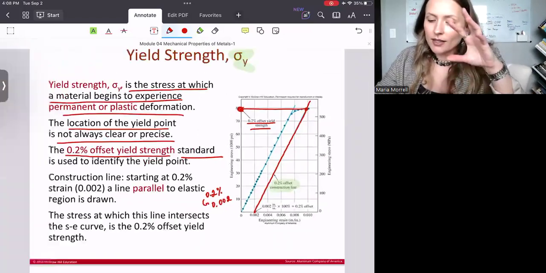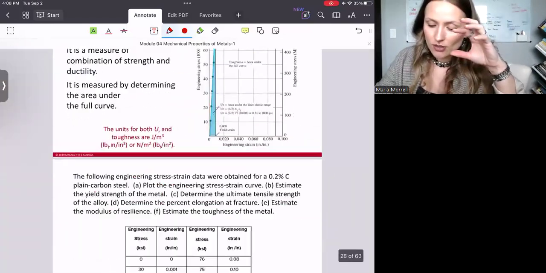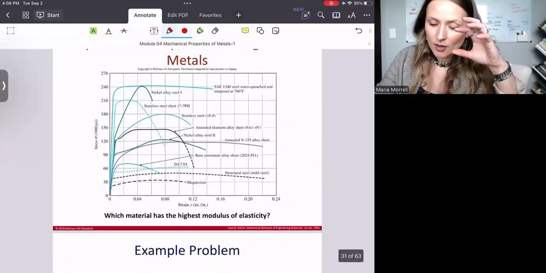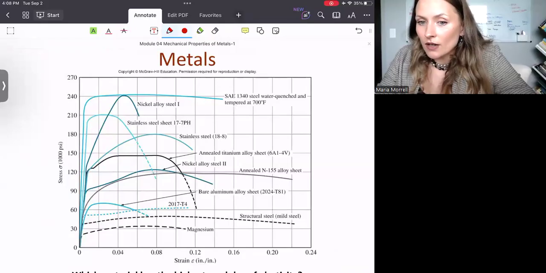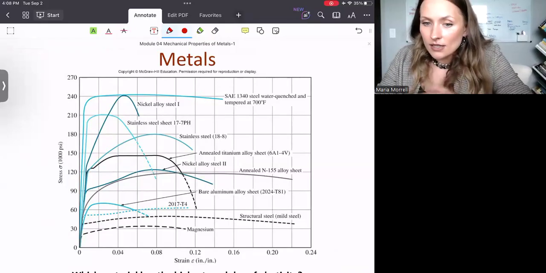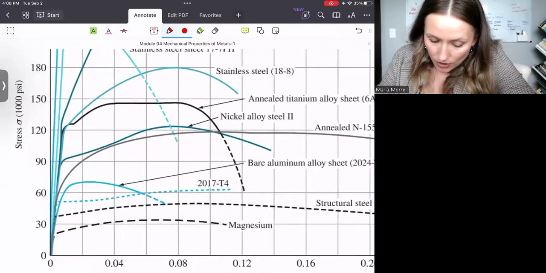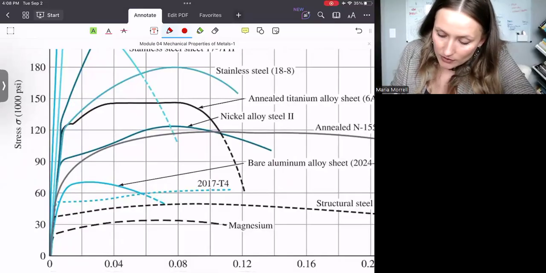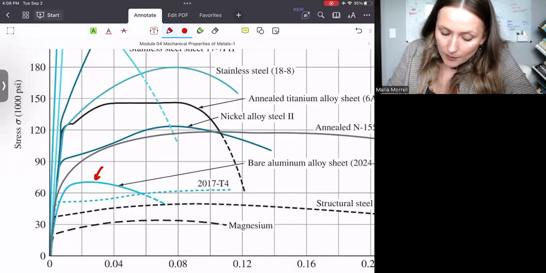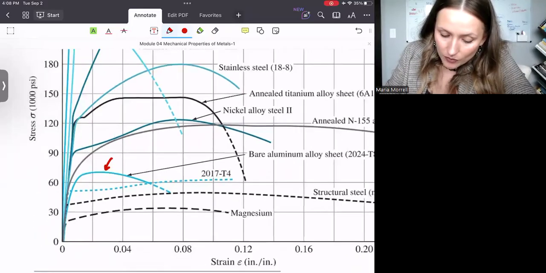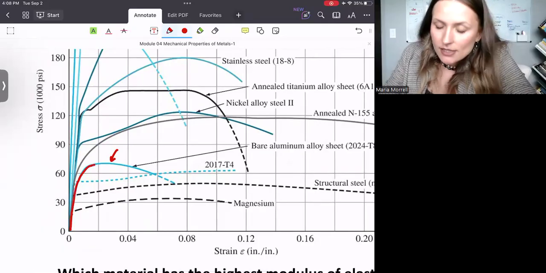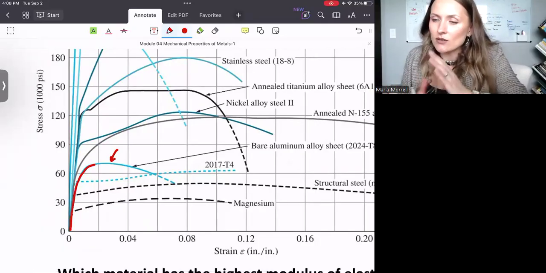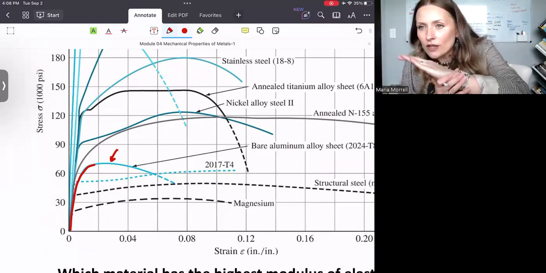Well, I keep telling you this scary news, so perhaps I'll show you an example like this. This is a stress-strain diagram for a lot of materials. In some of these examples, if you look at this particular example right here, the bare aluminum alloy, you can see that it's not very clear where this linear region actually ends, because it starts kind of curving a little bit.